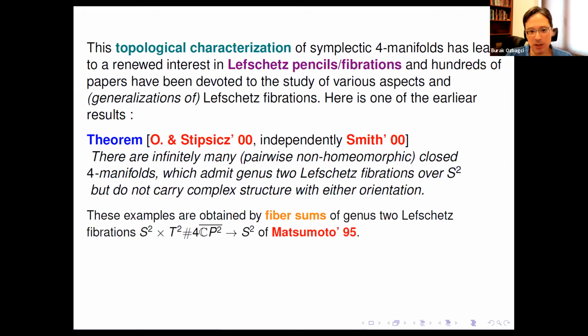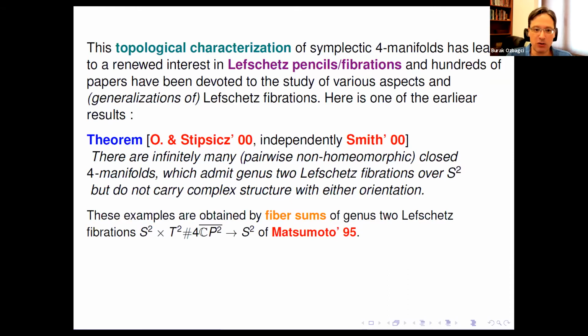These examples are obtained by fiber sums of genus 2 Lefschetz fibrations on S2 cross T2, blown up 4 times, which are due to Matsumoto. So in this genus 2 Lefschetz fibration, there are 8 singular fibers, there are 8 vanishing cycles. And if you take a fiber sum, meaning that you remove a neighborhood of a fiber from each and glue the resulting boundaries, this is what's called a fiber sum.